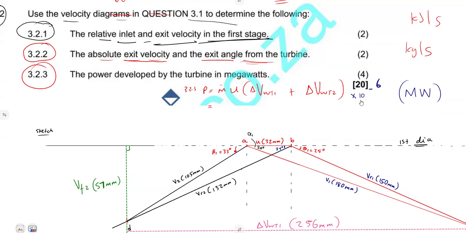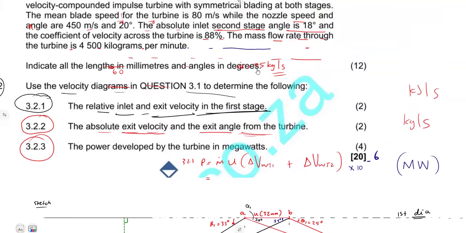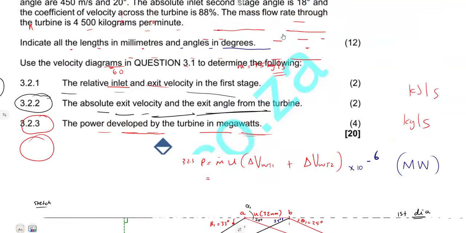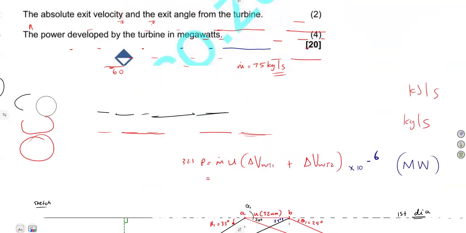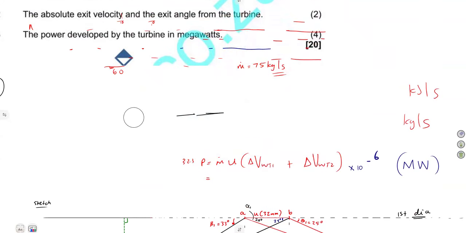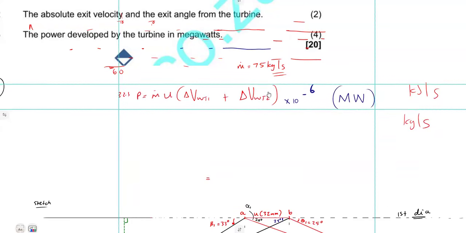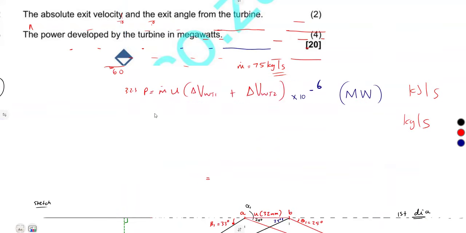So the mass rate in kilograms per second, remember it was 75 from that division that we had here. We ended up with 75 kilograms per second. So that's our mass rate that we are going to use. So that's our mass rate in kilograms per second, 75. You remember our U, it was 80 meters per second.